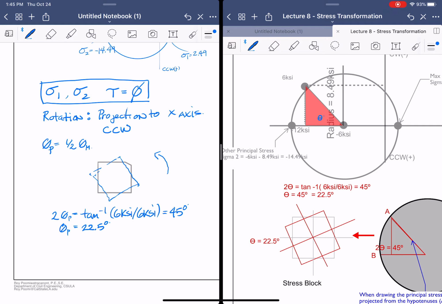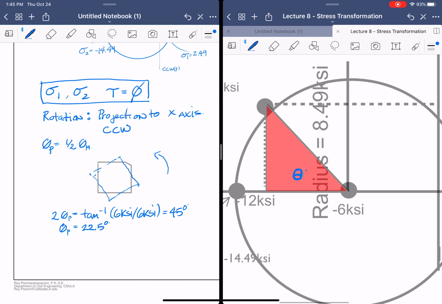Note that the other theta, which is for the shearing stress, would be off by a phase shift. If we look at the circle right here, that's theta P, because it's principal.